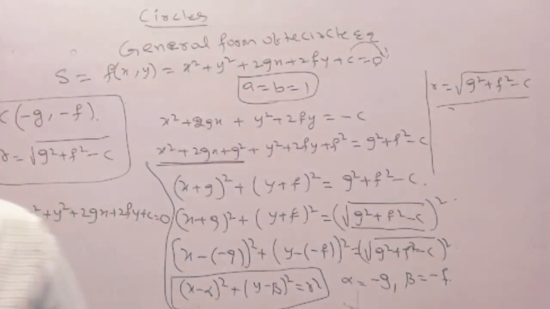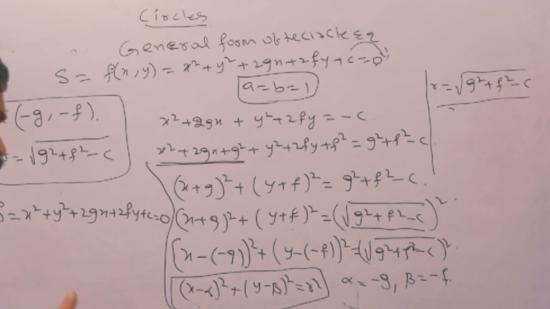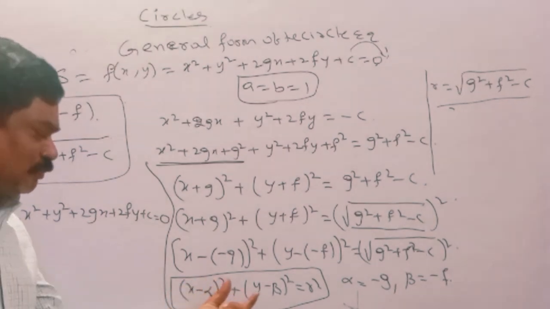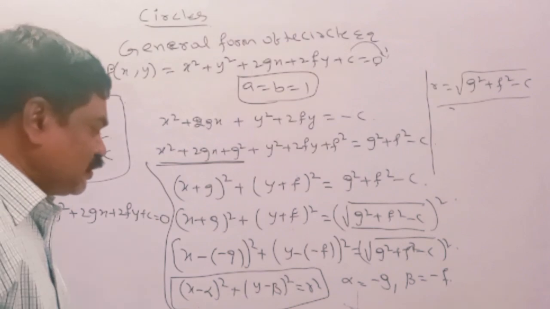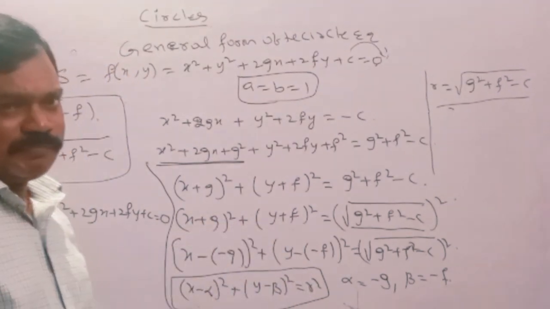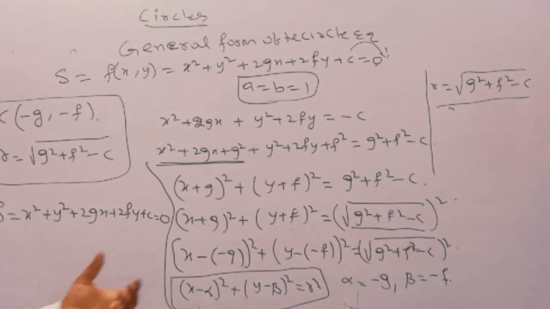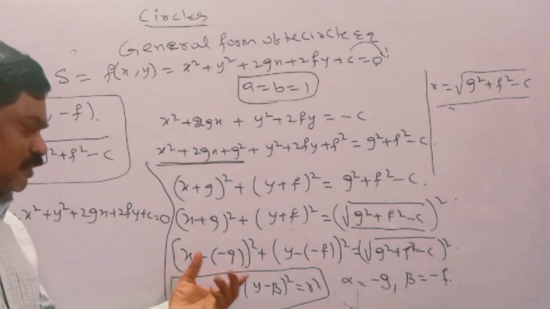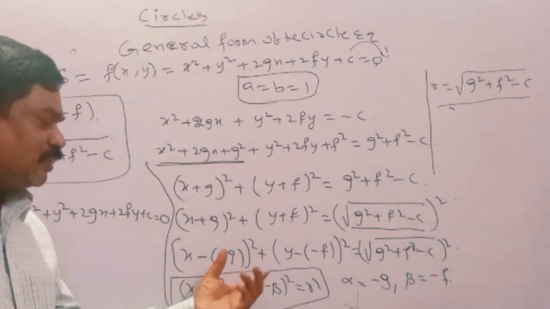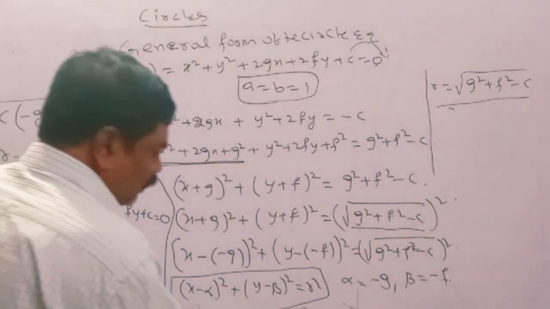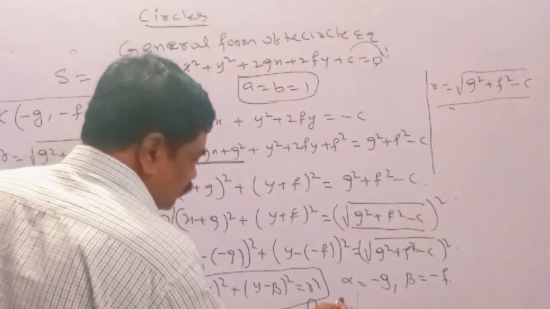This is very important. What is the fundamental form of the circle equation? x minus alpha whole square plus y minus beta whole square is equal to r square. This is the fundamental form of the circle equation.